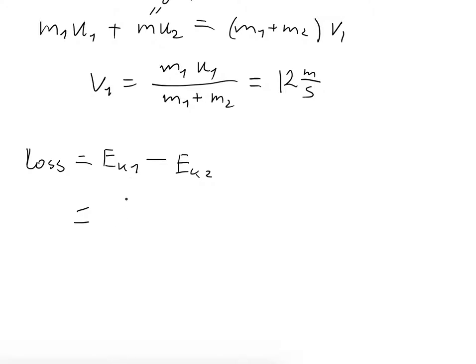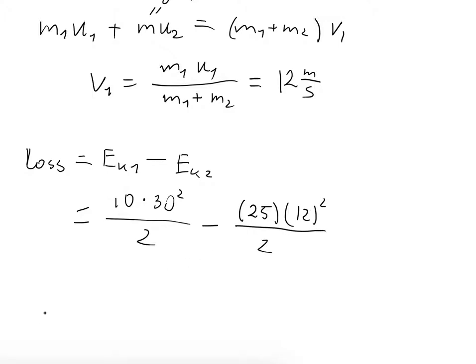The mass of that object was 10 kilograms. The velocity of that object was 30 meters per second, divided by 2. And at the end, both of those objects were joined together, so we have its mass at 25, and those two objects were traveling at 12 meters per second, squared, divided by 2. If I calculate it out, I'll end up with the loss of energy being equal to 2700 joules.